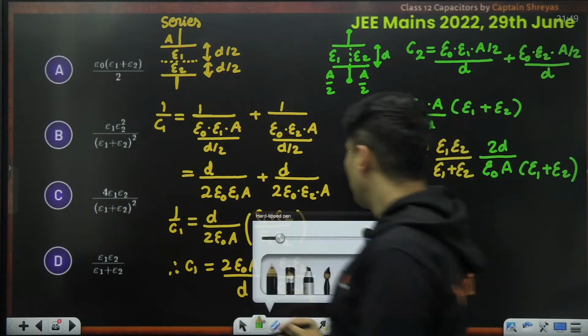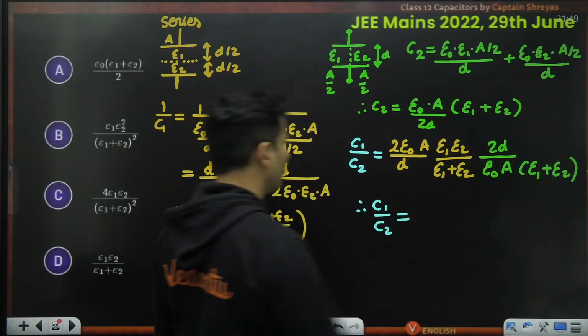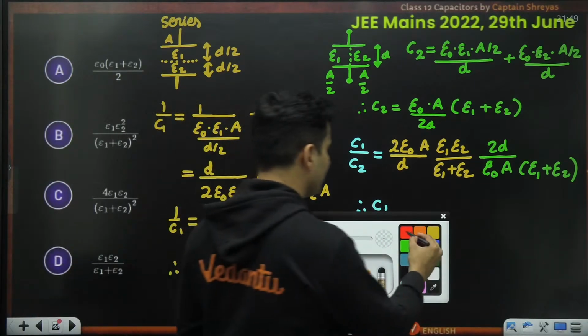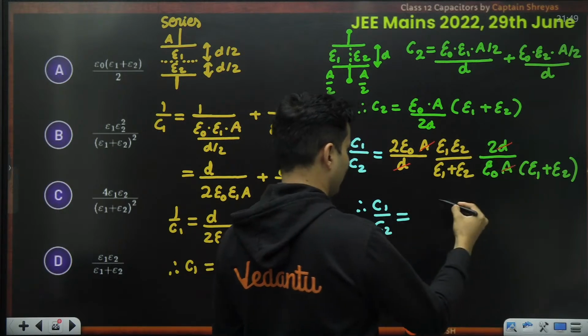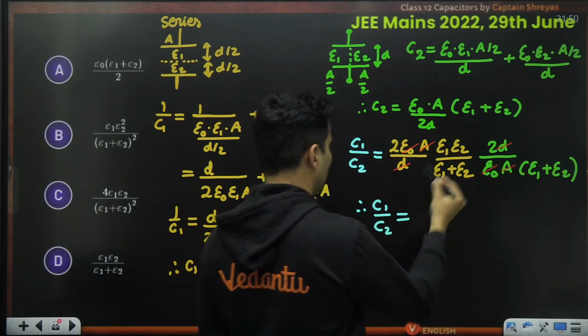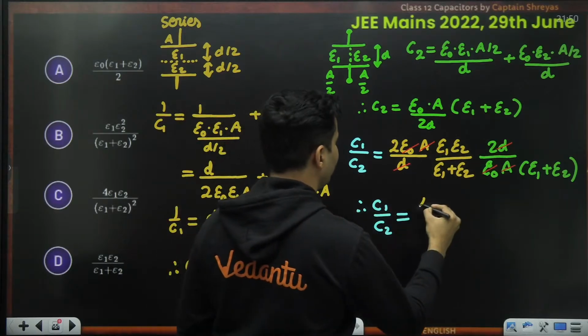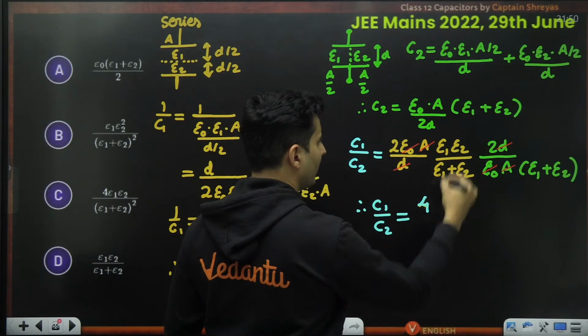A lot of things get cancelled, as you can see: this D, this D, this A, this A, epsilon naught. 2 and 2 getting multiplied become 4.